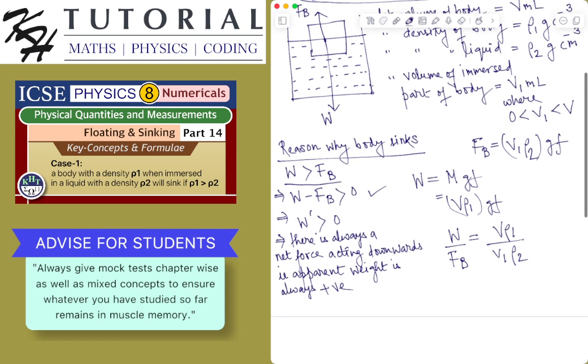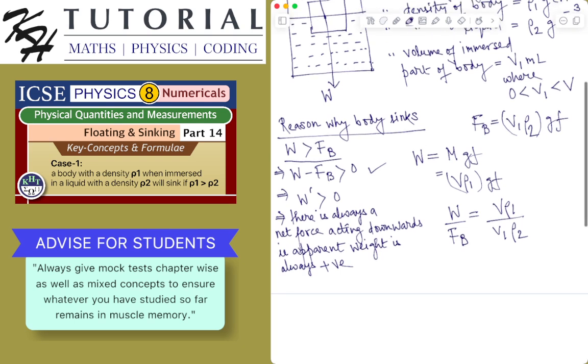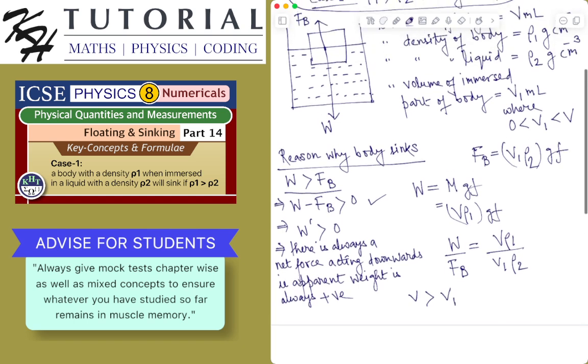Now, what will be the value of V rho 1 divided by V1 rho 2? Will it be greater than 1 or less than 1? Let's see, we know that V is always greater than V1. We have considered the fact that the body is partially immersed.